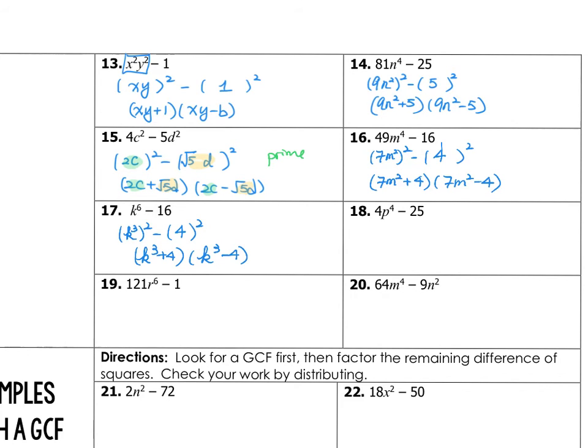Number 18, something squared minus something squared. So 4 square rooted, I would have 2. P raised to the 4th power, if square rooted, I should have a power of 2. Square root of 25 is 5. So it's 2p squared plus 5 times 2p squared minus 5.